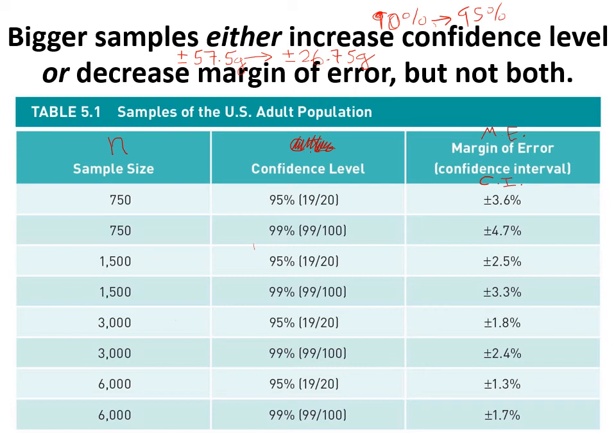whatever that value was. So if we had a survey that asked what percentage of people love cats, we get some value. And let's just say we'll just say cat owners.